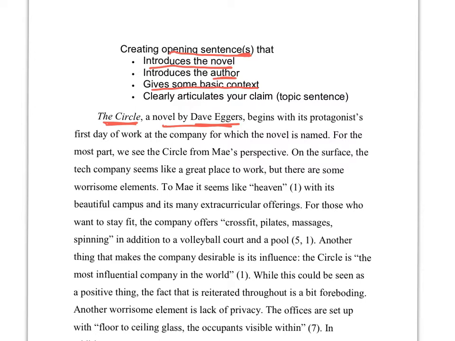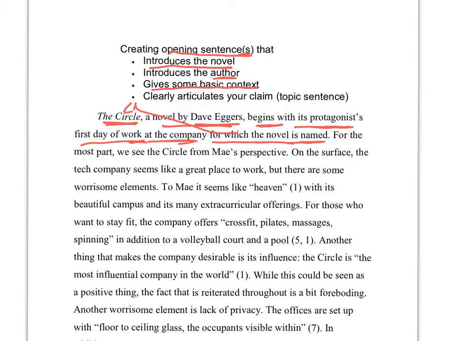So in this sample paragraph, we get a sense of, okay, we're going to be talking about, at least we're starting with the beginning of it, and we know that the perspective we're getting in the novel is the protagonist's first day of work at the company, and we also know that the company name is the same as the name of the novel. So that provides us some context.